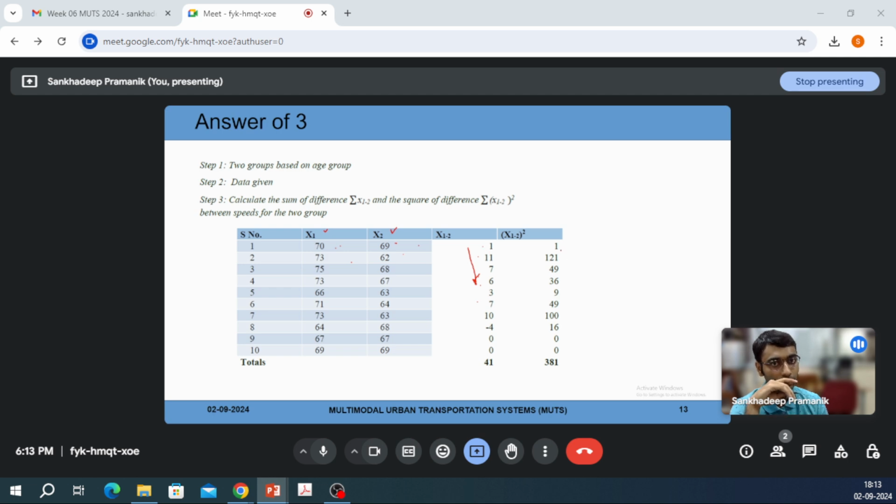So it will come as 1, 11 square is 121, 7 square is 49 like that. Then you need to calculate the sum of this total column, which will be summation of x1 minus x2, this one, and x1 minus x2 whole square, which will be 381.